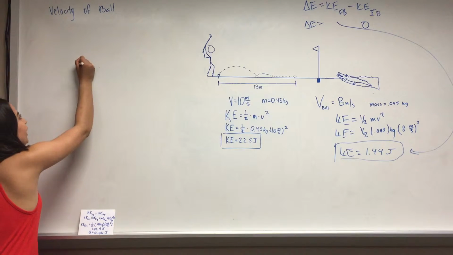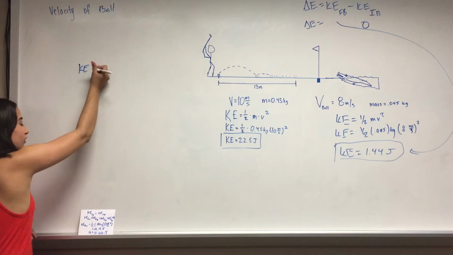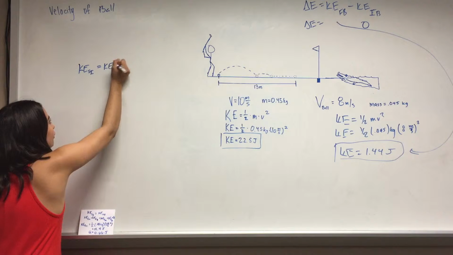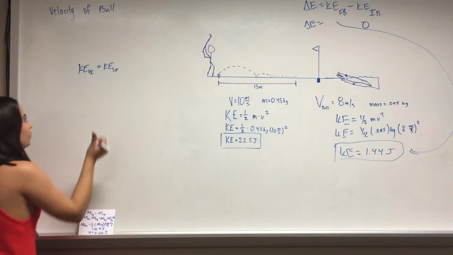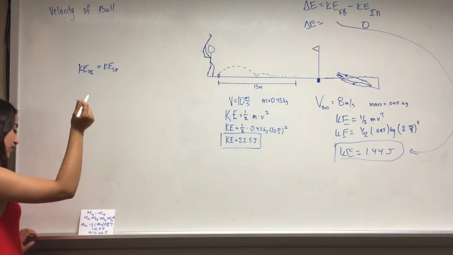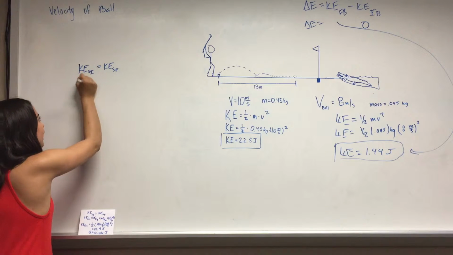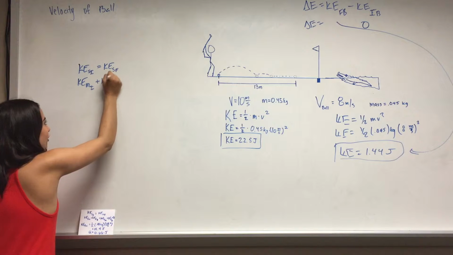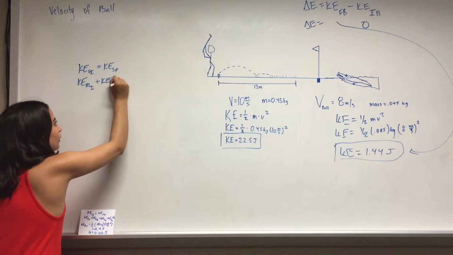Therefore, we can set the kinetic energy initial of the system equal to the kinetic energy final of the system. The kinetic energy of the system initial is equal to the kinetic energy of Marcus initial plus the kinetic energy of the ball initial.